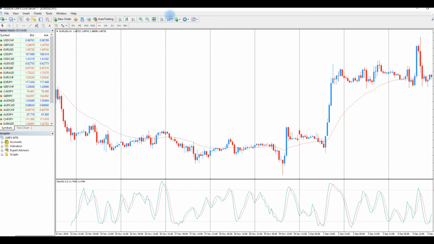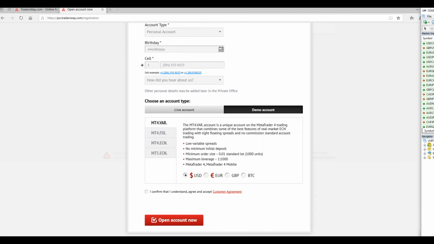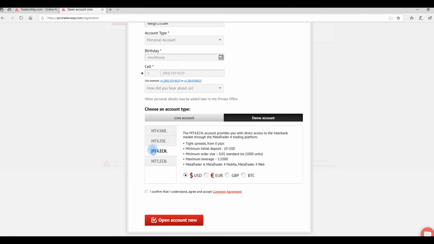So let's go back over here, and we'll explain all of that stuff in another video. Let's take a look at these different account types. Now the VAR, or variable account type, gives a small description of what that means. But the account type that we want to open, and the most common account type, is the MT4 or MetaTrader 4 .ecn account.